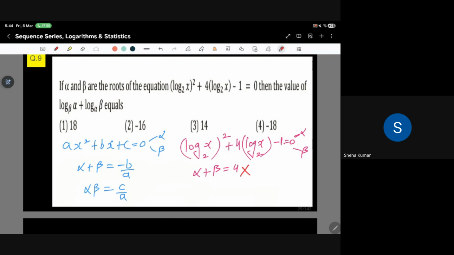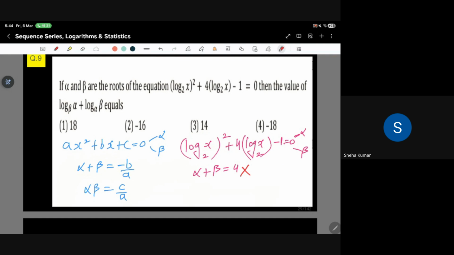Because see, when you put in alpha, this thing becomes log alpha base 2. So log alpha base 2 is satisfying this equation. Here, directly x is satisfying the equation. That's why we write the sum of the roots and product of the roots, because it is a quadratic in x.